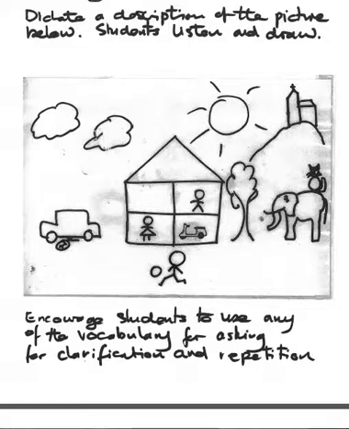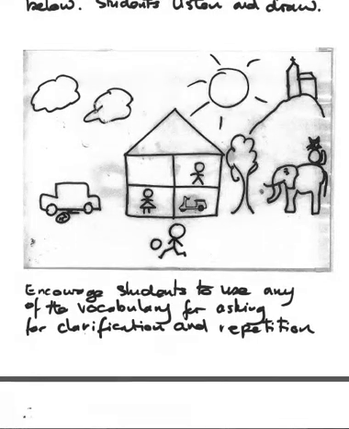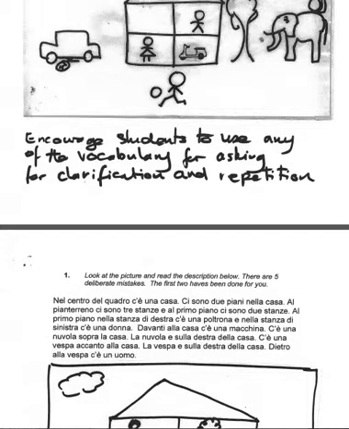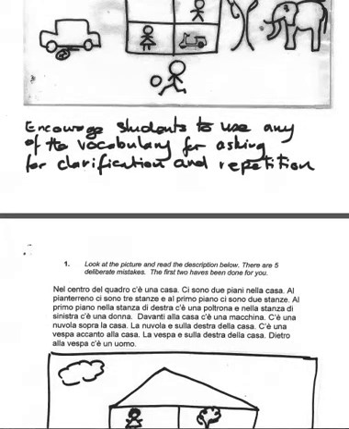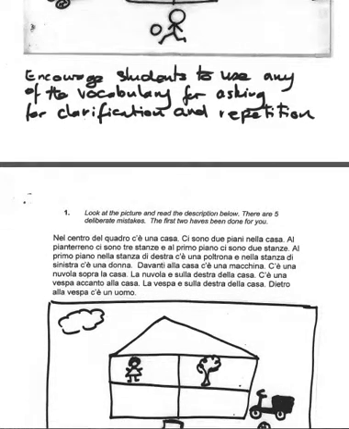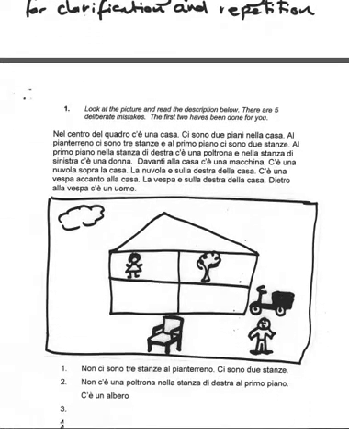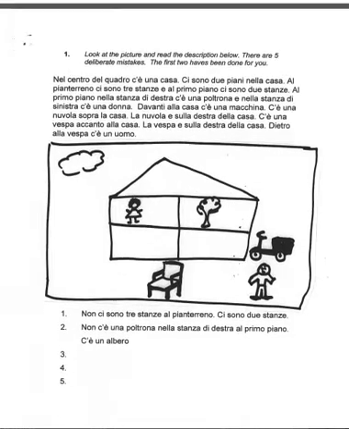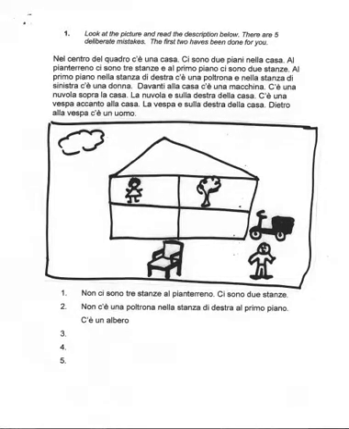So after the listening, in the style of communicative language teaching, I'm going to integrate a reading which also recycles the vocabulary and the particular function of describing a picture. So what I've got here on the next part is a reading, and I'm going to ask students to read the description and then look at the picture.